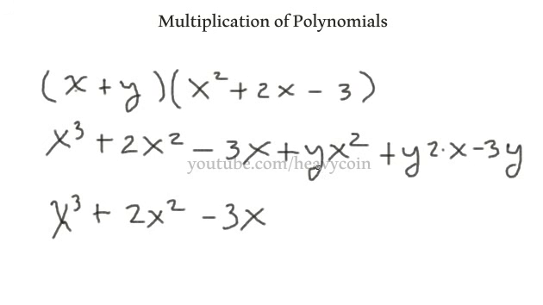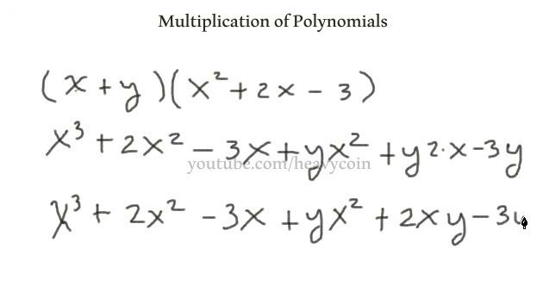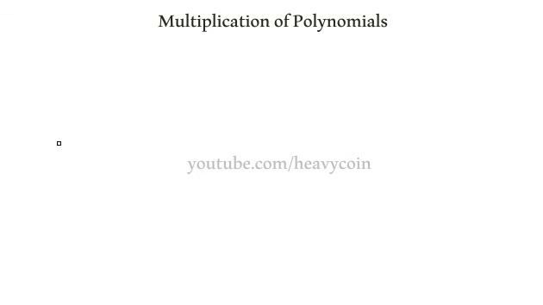We have a y times x squared, 2xy. It's not looking like we can really do anything here. This is a 2xy and minus 3y. Okay, well, that's all we can do there. I just kind of rewrote it. I didn't even have to do that, but we did it anyway.